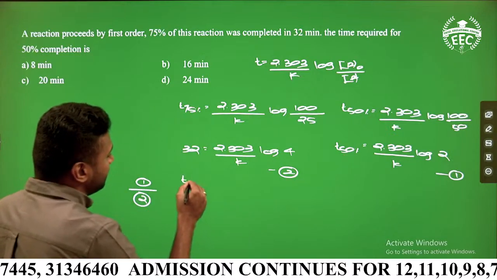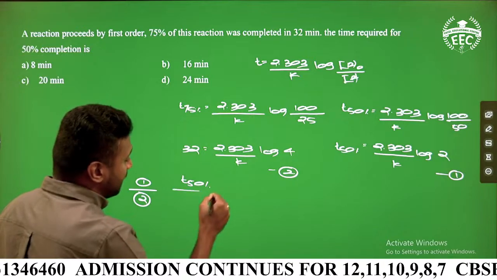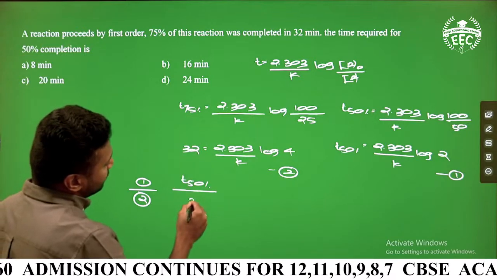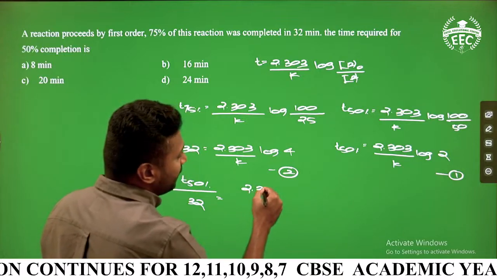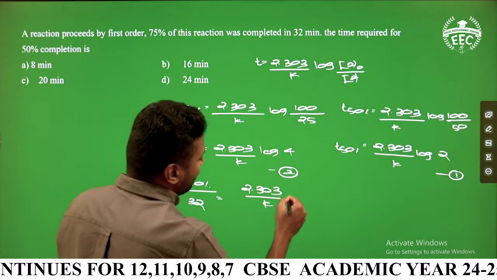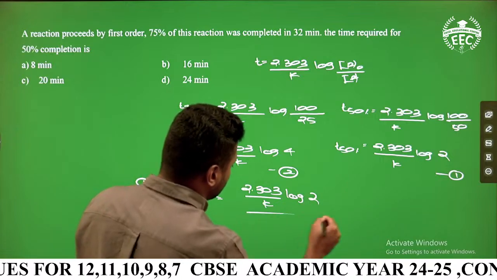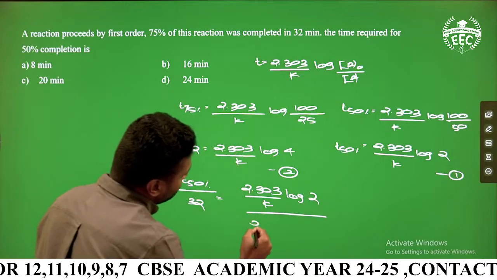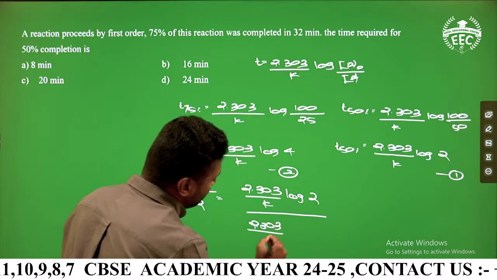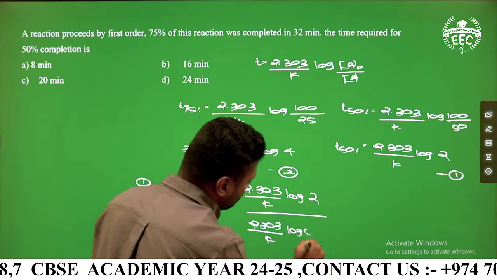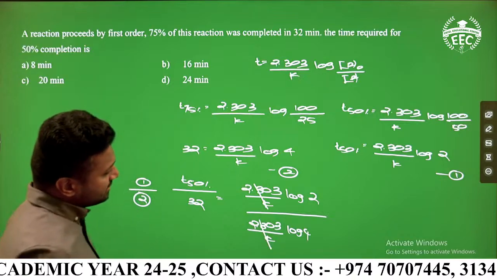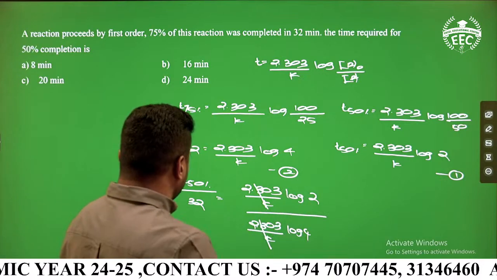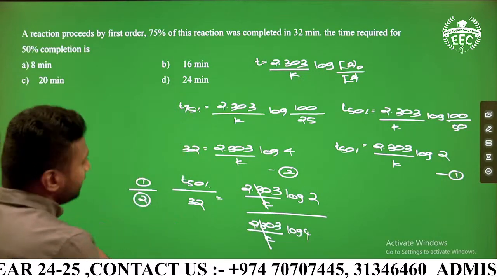LHS contains time taken for 50% that we have to find out, by time taken for 75, which is 32, is equal to RHS: 2.303 by k log of 2 divided by 2.303 by k into log 4. So 2.303 by k cancels. Remaining will be log 2 by log 4.